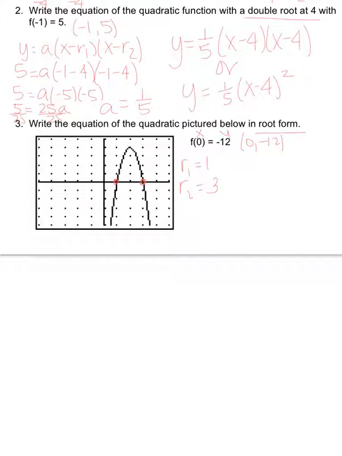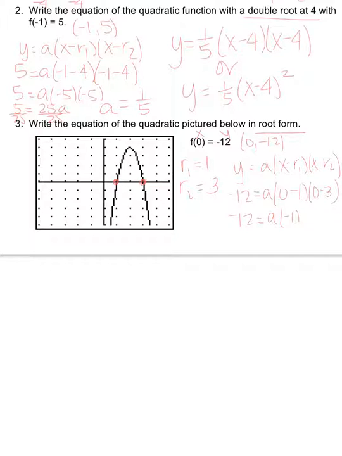Okay, so plugging in, we're plugging into root form. So y is negative 12. x is 0 minus r1, which is 1, and then 0 minus 3. So we're going to get negative 12 equals a.